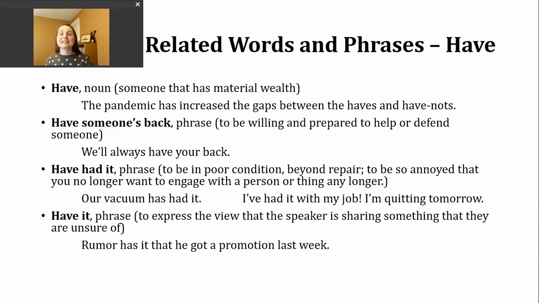Another way you might hear have had it is usually it's a person who's speaking about their feelings and their emotions, and they are expressing that they are so annoyed that they no longer want to maybe engage with, talk with another person, or continue with a particular activity or action.